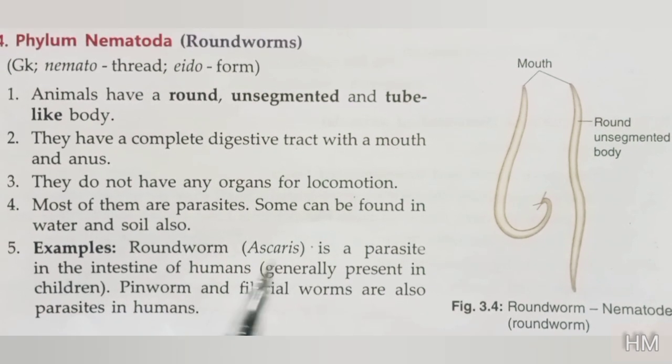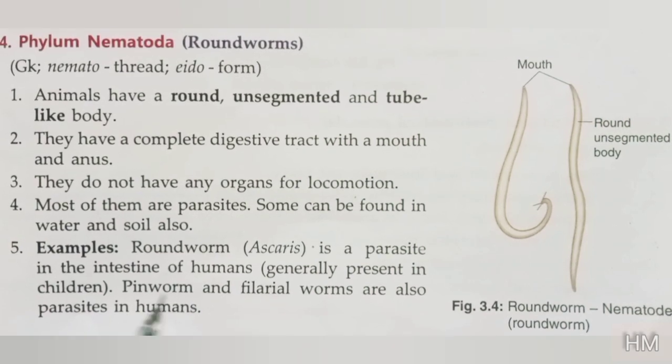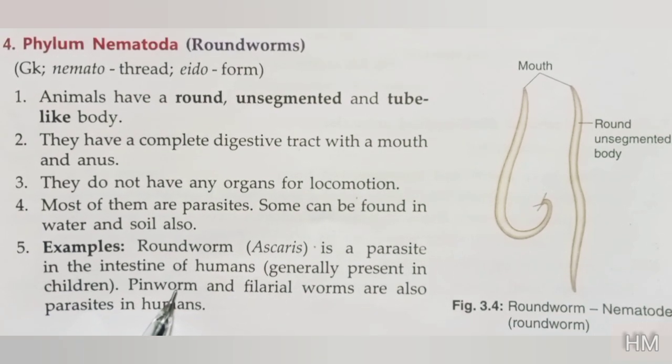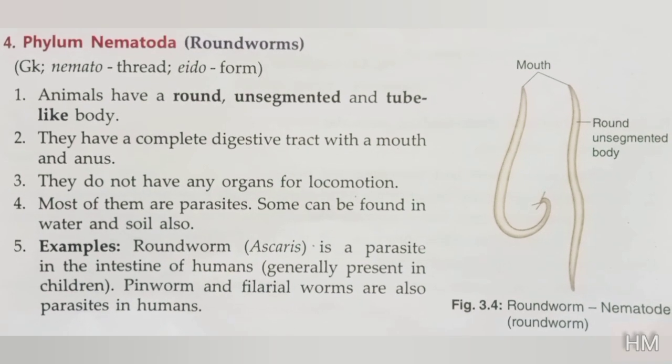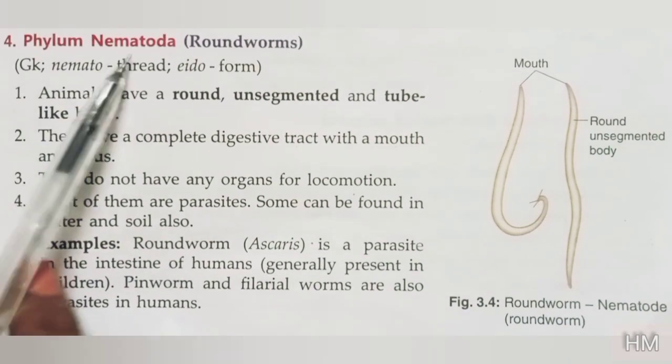That is our roundworm. Ascaris is a parasite in the human intestine, whereas pinworms and filarial worms are also parasites in humans. Pinworms are basically the worms which children mostly experience in the anus region, and filarial worms are also endoparasites that come under the phylum Nematoda.